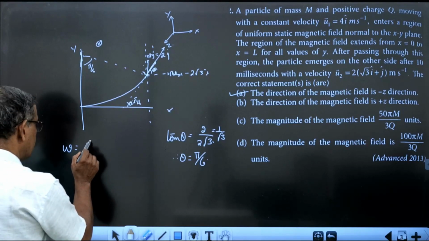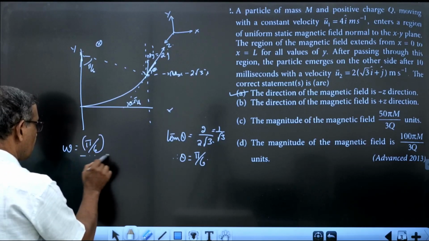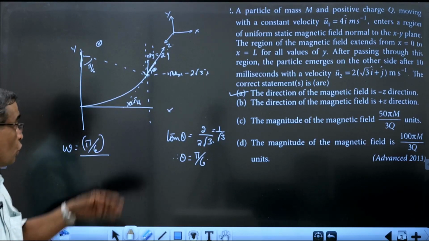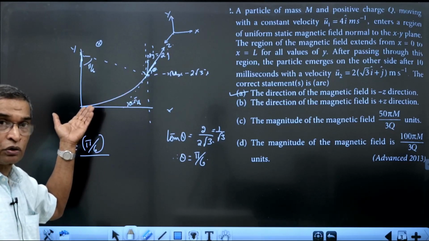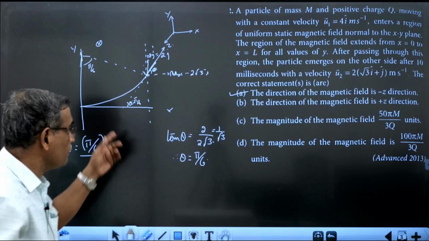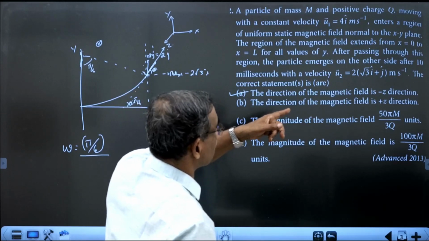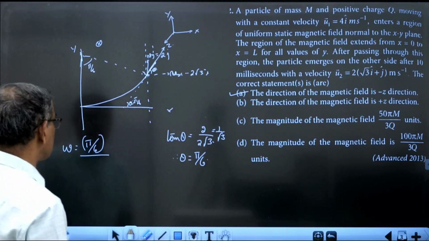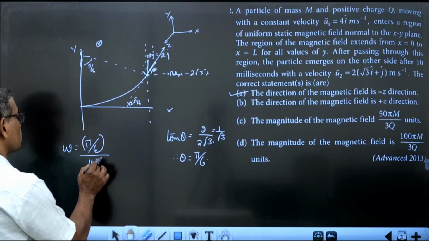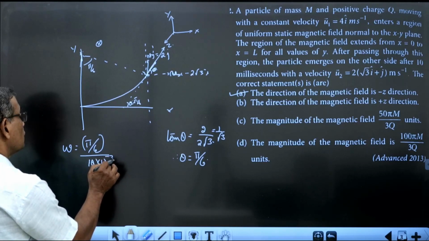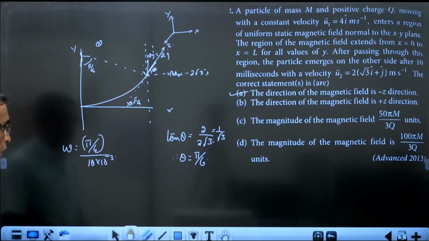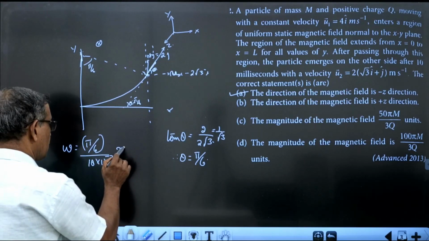Angle is pi by 6, and the time taken by the particle to emerge out of the existing magnetic field is 10 milliseconds, so it is 10 into 10 raised to minus 3, so much radian per second.